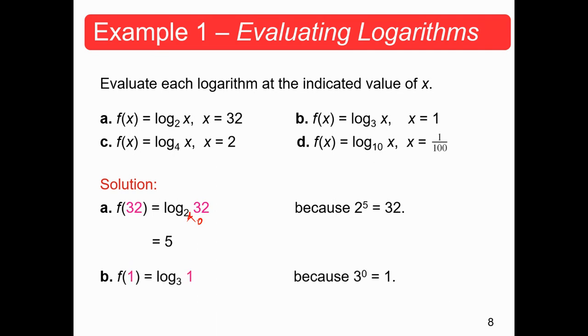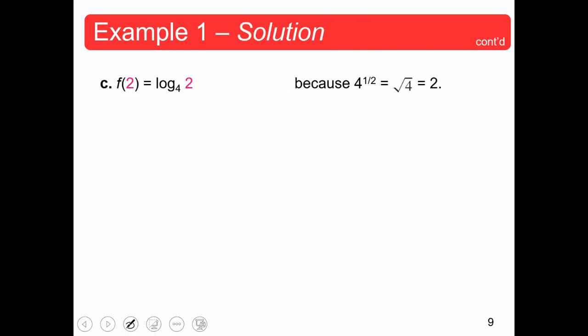All right, so log base 3 of 1, what is that equal to? Well, 3 to the what equals 1. Anytime you have a log equaling 1, that means it's going to be the exponent of 0, because anything to the 0 power is 1. 4 to the what equals 2? Well, in this case, we're going to reduce this.